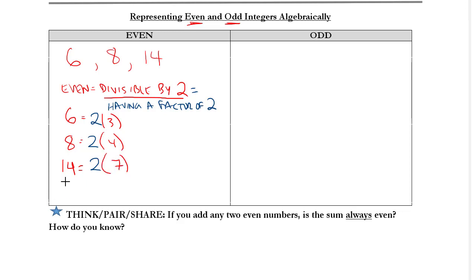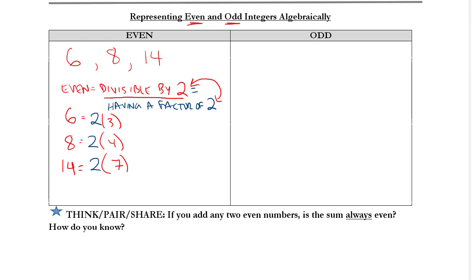And in fact, any even number you want to plop in there, we can rewrite as 2 times whatever. It doesn't matter what it is. Because we can rewrite it with a factor of 2, that's what it means to be divisible by 2. And so these two statements, being divisible by 2 or having a factor of 2, are not saying anything different. They are identical.